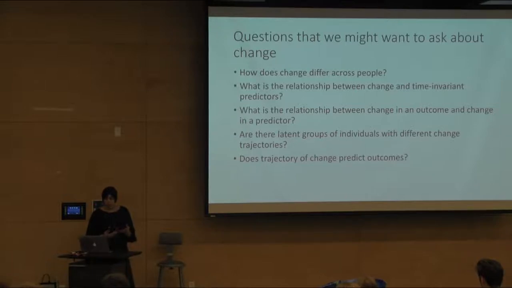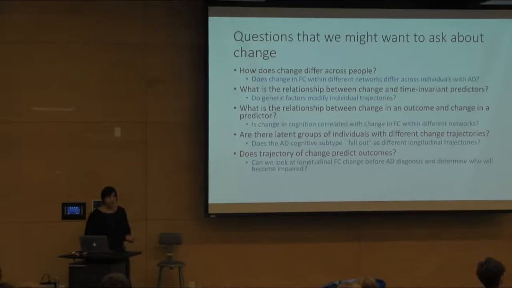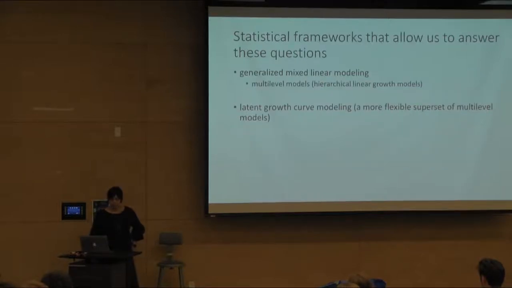And then you might want to know whether the trajectory of change actually predicts outcomes. So this is just filling in what some of these questions might look like. And we can do pretty well. We can do like the first 2 questions, but the last 3, we don't really have the frameworks to do that implemented in current fMRI software.